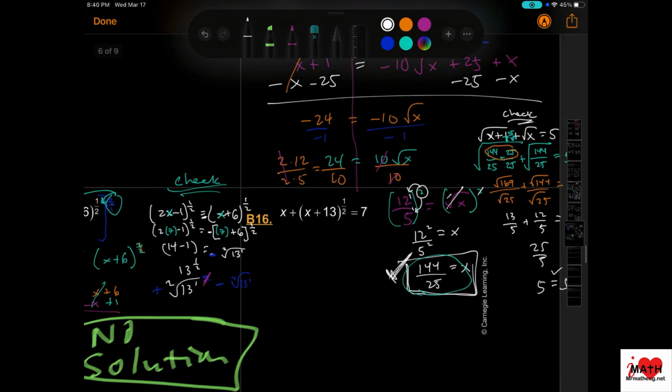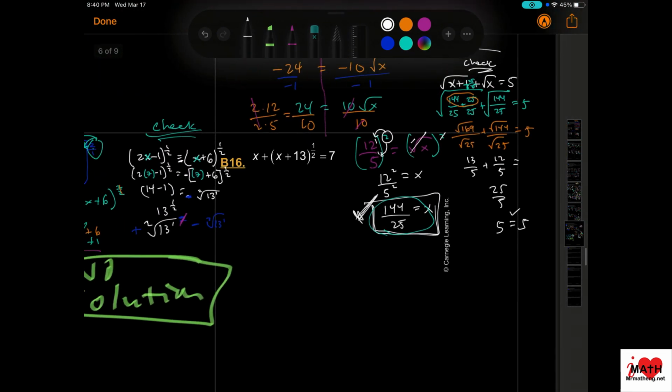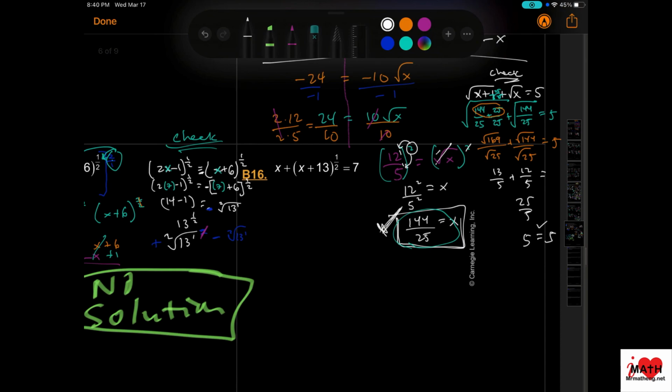Okay, let's do the same thing for B16. And we didn't really leave a lot of space, so I will just write it and do it somewhere else. Okay, magic.